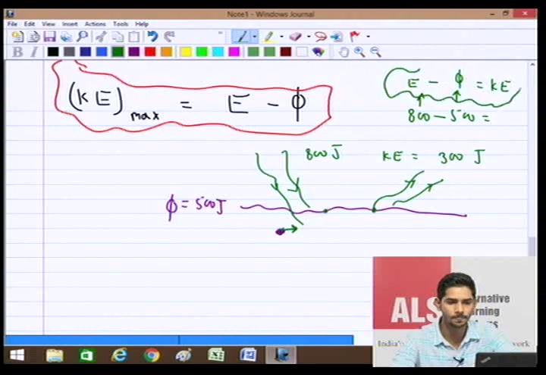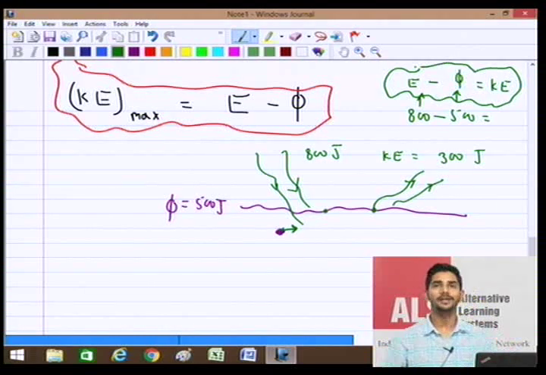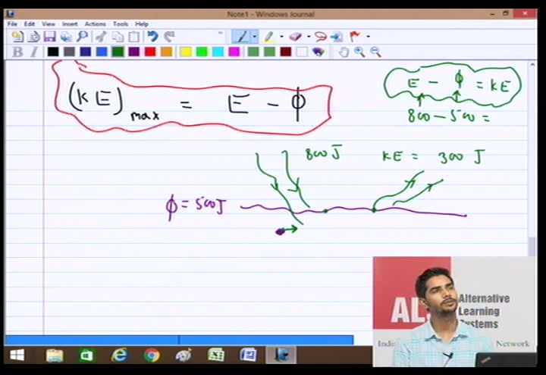This is how we got that kinetic energy should be equal to E minus phi. Have you understood that? Any confusion? Okay, only a few students. Is there any student who has any doubt?